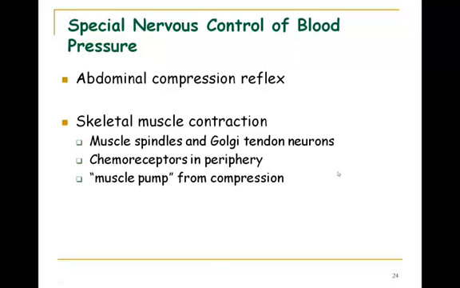Now, key things I want you to remember from this lecture, and I will cover this myself face-to-face with you, is really understanding that vasomotor center, and how changes in mean arterial pressure can result in changes that get blood pressure back towards the normal level. So you've got to use that vasomotor center.